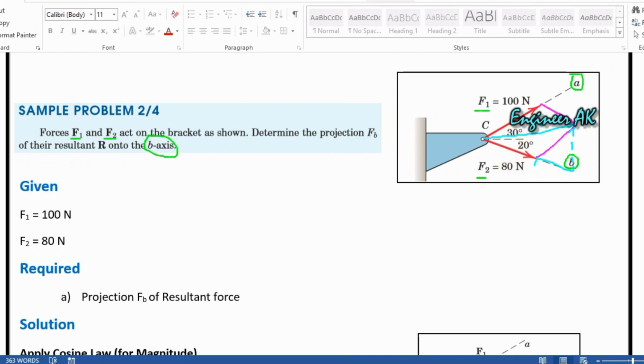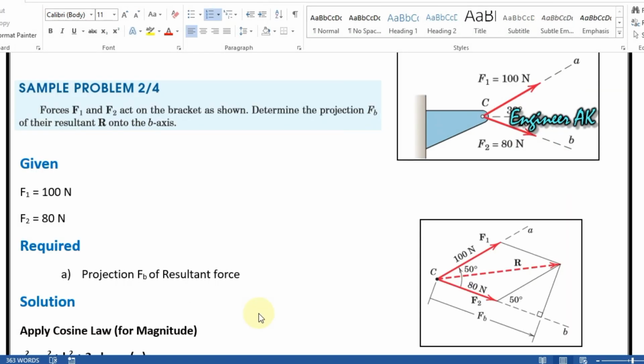So let's see. Now if we move toward the solution, here you can see this diagram, and how I have made it: I have shown you that this is the diagonal and this is the projection. This angle comes out to be 50 because here it is 20 and here it is 30, so combined it will be 50.